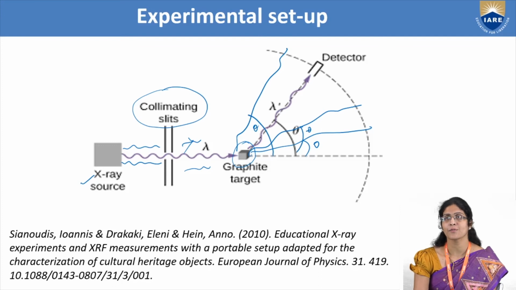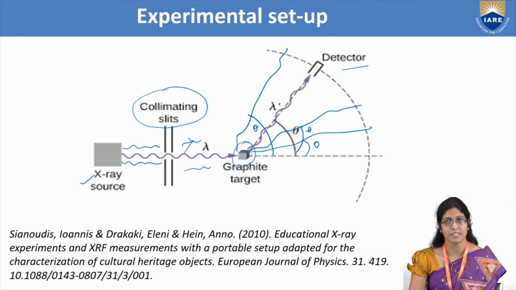And for every theta he collected all the intensities using an X-ray spectrometer which has a detector. So this detector collects the intensities for different scattering angles.